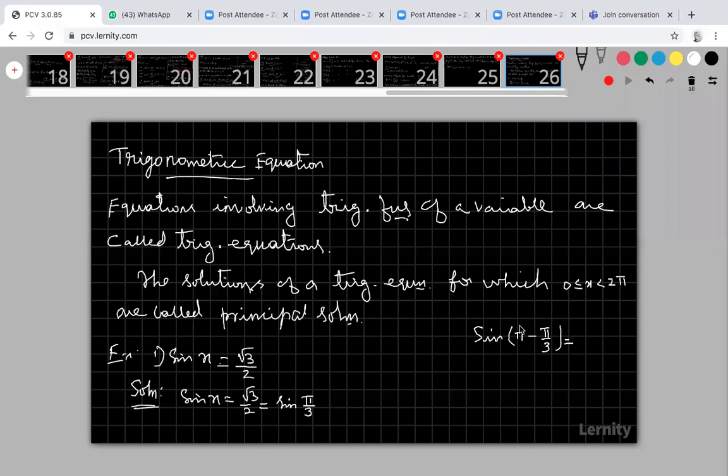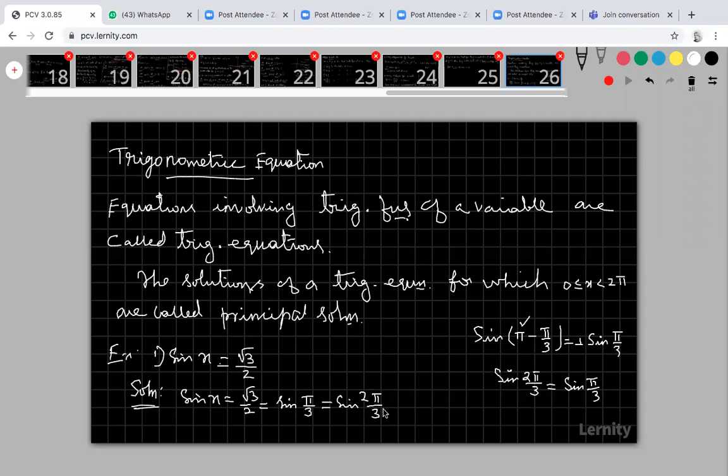I have already told you that when pi is there, you don't change the function, so it stays sine. Now come to the plus or minus sign. This angle belongs to the second quadrant, and in the second quadrant sine is positive, so here also plus. Pi minus pi by 3 is 3 pi minus pi over 3, that is 2 pi by 3. Sine pi by 3 and sine 2 pi by 3 are both equal to root 3 by 2.